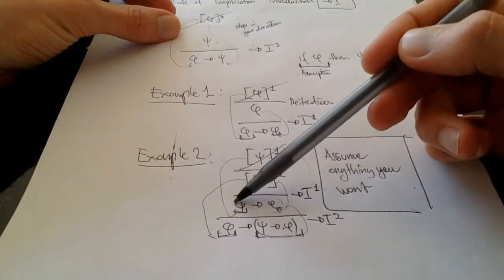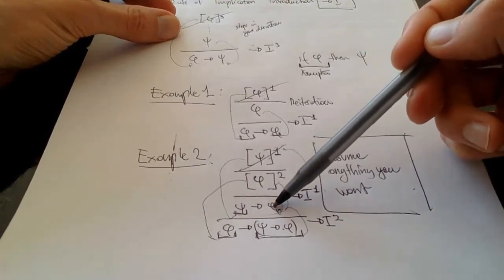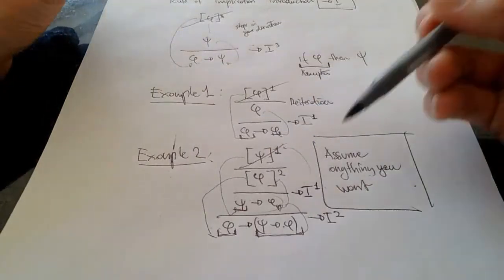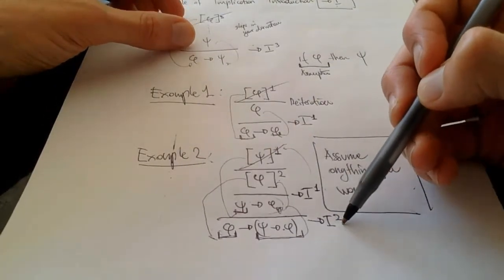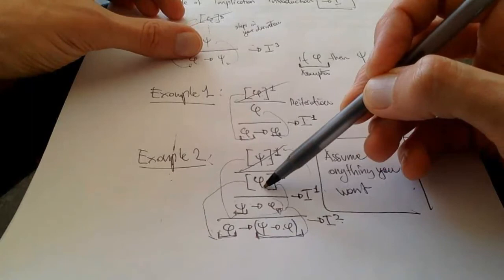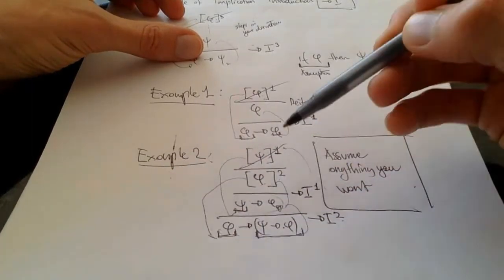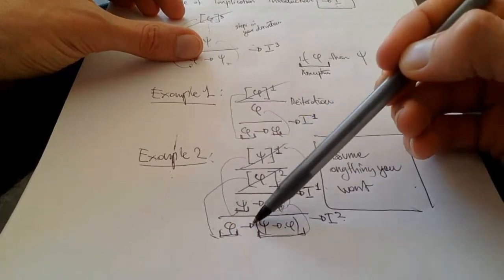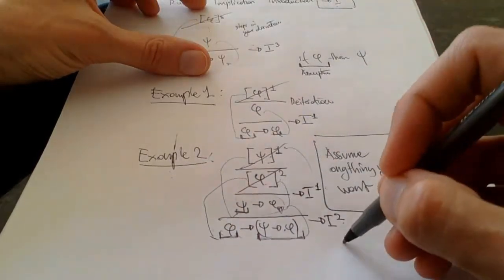It doesn't matter that what's immediately above the line is itself a formula in the form of an implication. Okay, since we have applied the rule of implication introduction to our assumption number two, we've put it as an antecedent, we can cancel it, and so we've gotten a derivation of phi implies psi implies phi. And we're done.